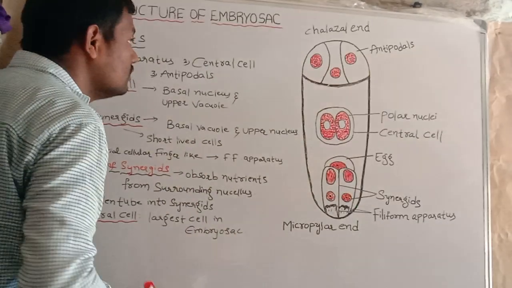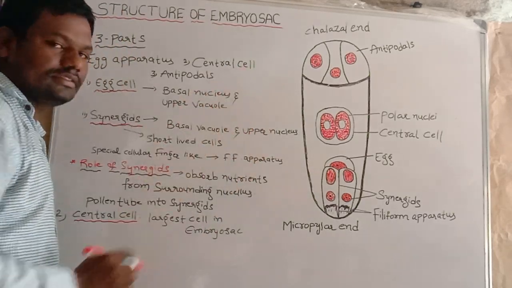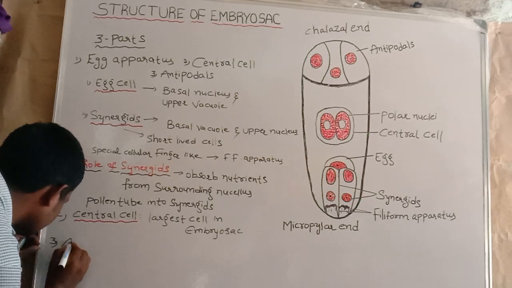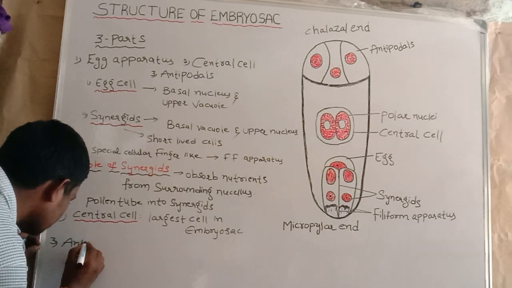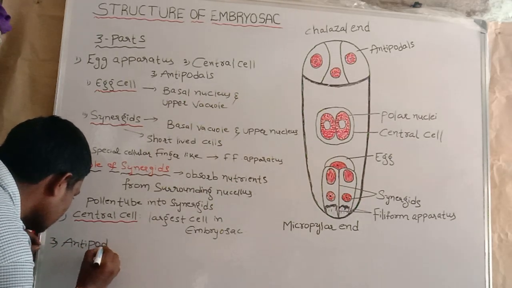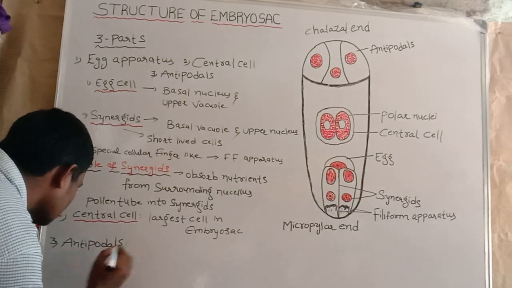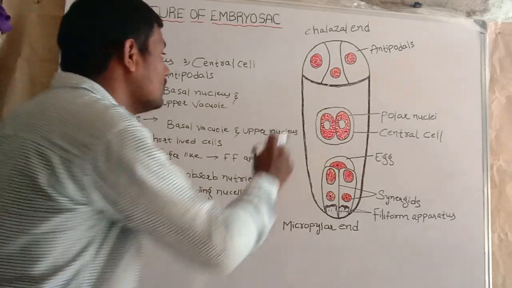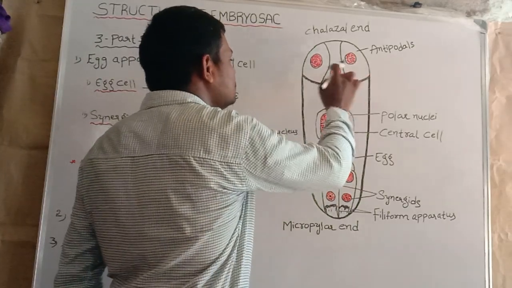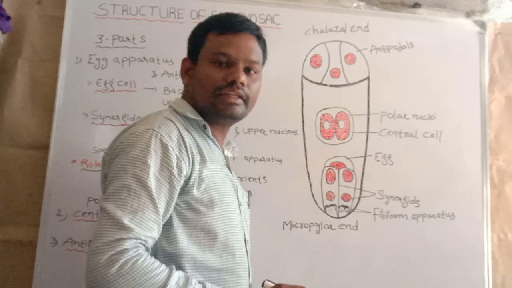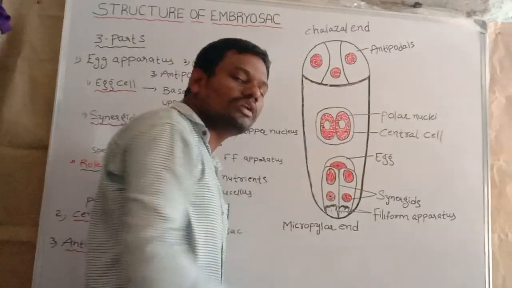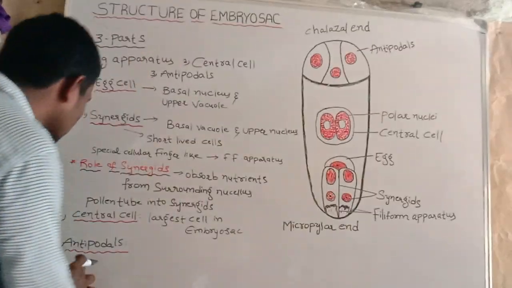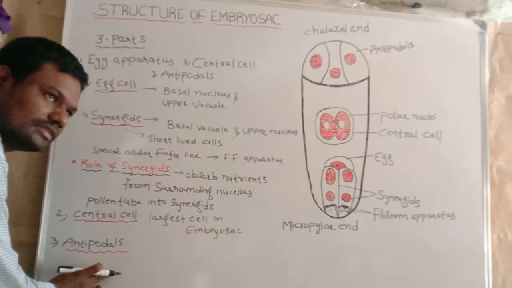And the last one is antipodals. Three cells which are grouped together at the chalazal end are called antipodals.